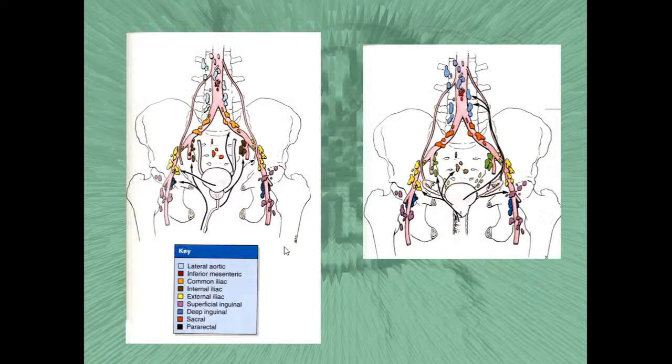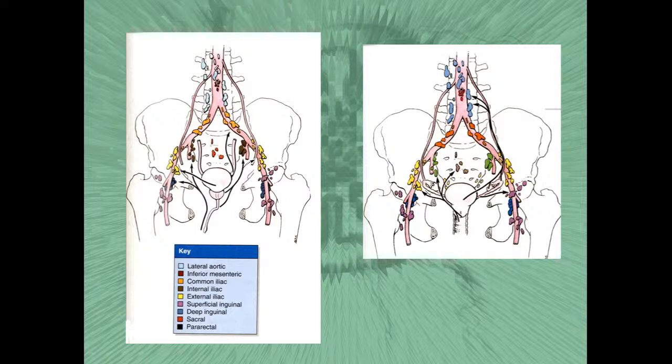From the external genital organs in males and females, lymph drains first to the superficial inguinal lymph nodes, then to the external iliac lymph nodes, common iliac lymph nodes, then to the lumbar trunk, and to the thoracic duct.